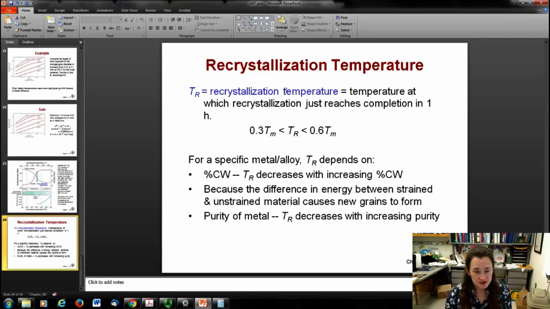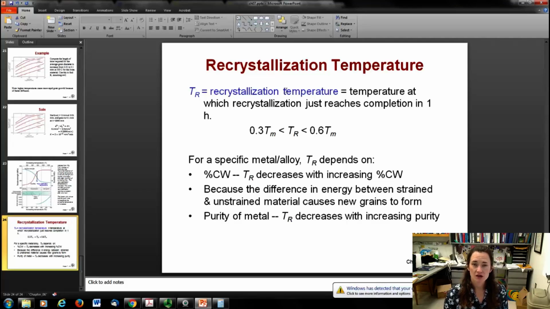So for a specific metal or alloy, your recrystallization temperature is going to depend a little bit on the percent of cold work. The reason for that is that the nucleation sites are at points of high strain in the material, and the points of high strain are where the dislocations are.